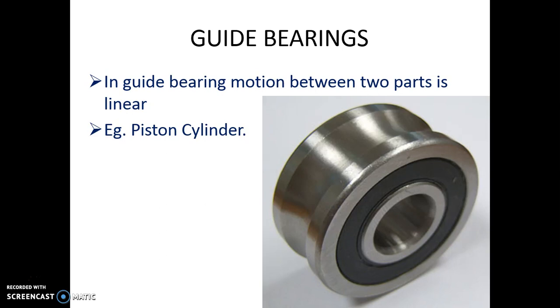The saddle, which is an edge-shaped casting, is in contact with the guideways of the bed. So the carriage slides over the guideways of the bed. That is one more example of a guide bearing. So when you have relative motion, and that relative motion is linear, those kinds of bearings are called guide bearings.